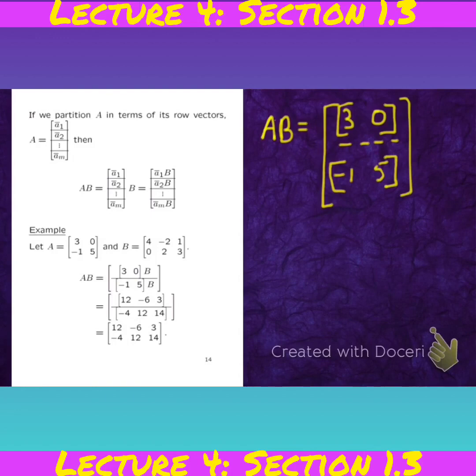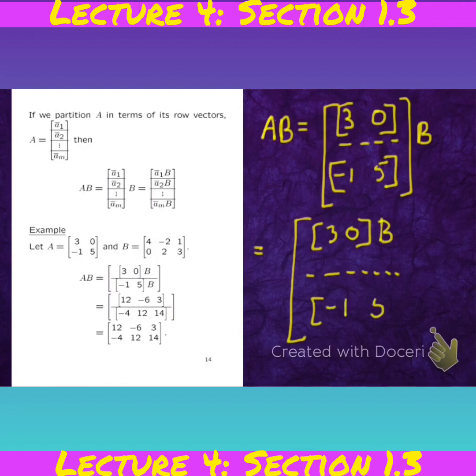You're going to multiply 3, 0 with the whole matrix B to get your first row, and you're going to multiply the second row vector with B to get your second row.